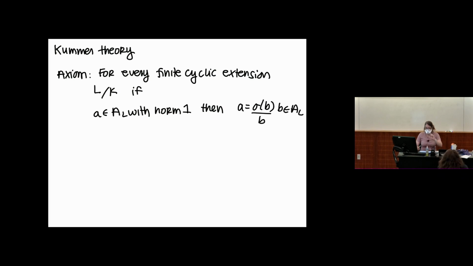So just the second axiom of class field theory. Whenever you have a class field theory, you also have Kummer theory because Kummer theory requires less stuff.